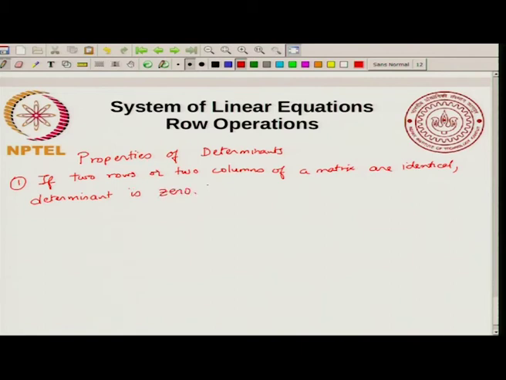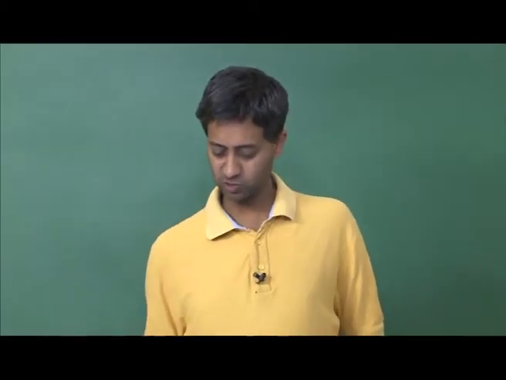Okay. Also, if one row or column has all elements equal to 0, determinant equal to 0. So, basically if you have a matrix where on an entire row you have a 0.